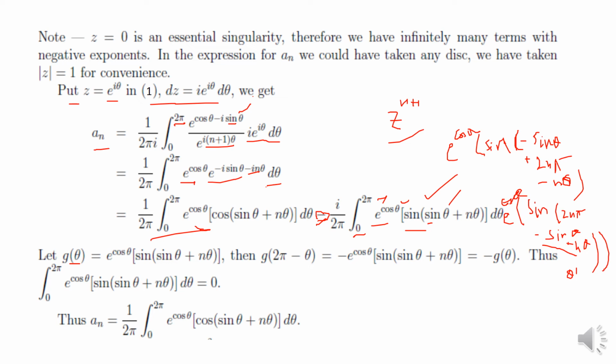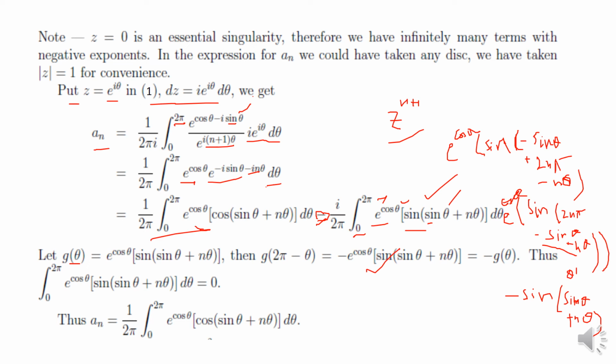so suppose we take sine theta plus n theta as theta dash. So this term, if we take minus common, will be sine theta plus n theta, which we are writing as theta dash. So this becomes sine 2n pi minus bracket sine theta plus n theta, which is theta dash, which will be equal to minus sine theta dash.